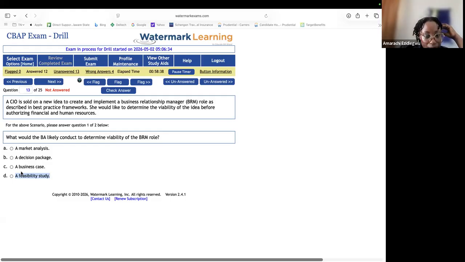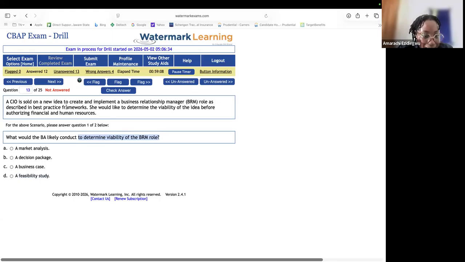If I'm looking at the word feasibility and the word viability, the last sentence: what would the BA likely conduct to determine the viability of the BRM role? I think that word is making me lean towards feasibility study. That's just my own view.